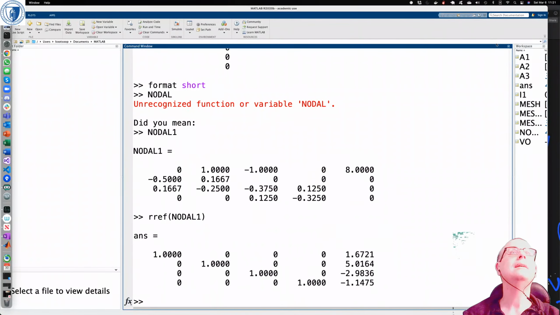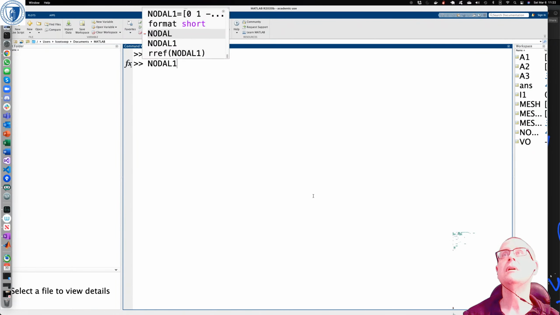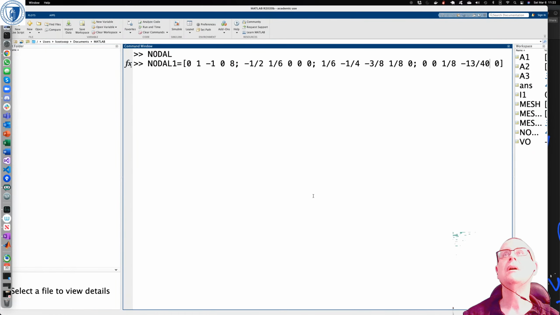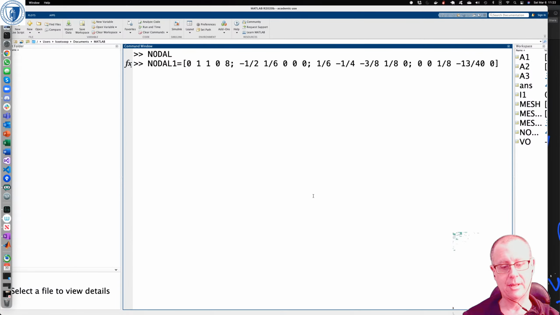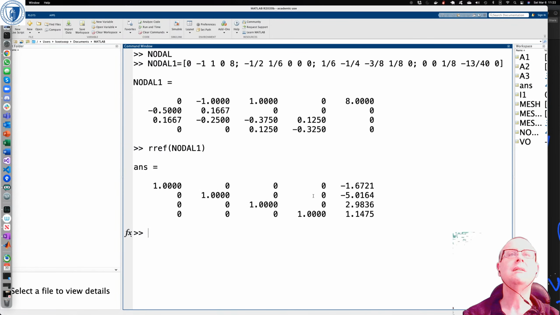It's gone away again. For some reason, okay, so I should have had -1 on the first one, right? And +1 there. Okay, and then RF nodal 1, and now we get something maybe a bit more sensible.